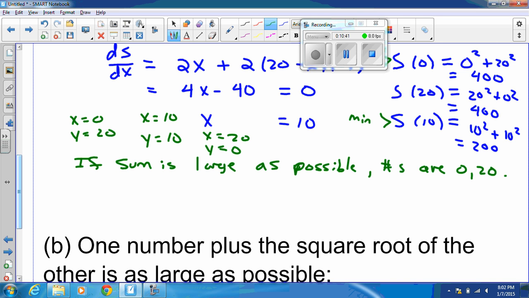Notice that the identity of the numbers as x and y doesn't really matter. x equals 0, y equals 20; x equals 20, y equals 0. Both of them give me the maximum sum of 400.